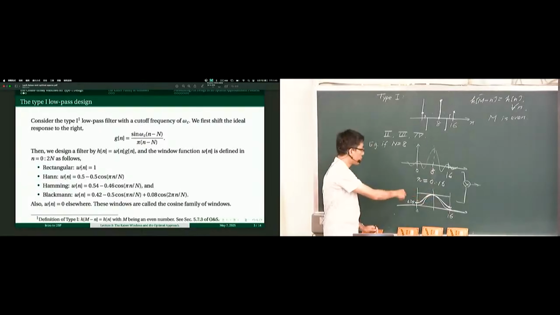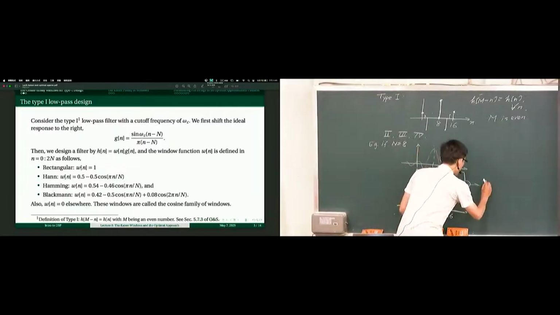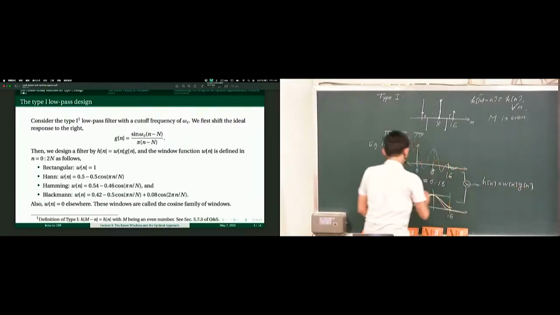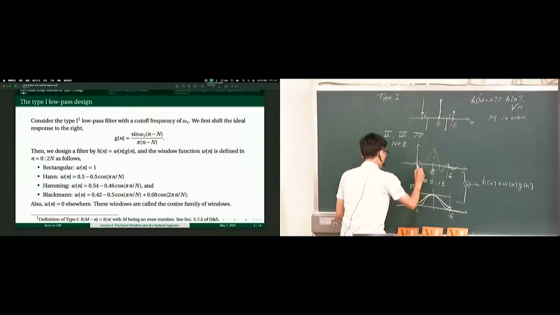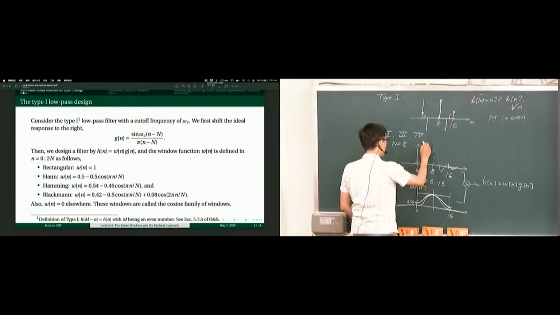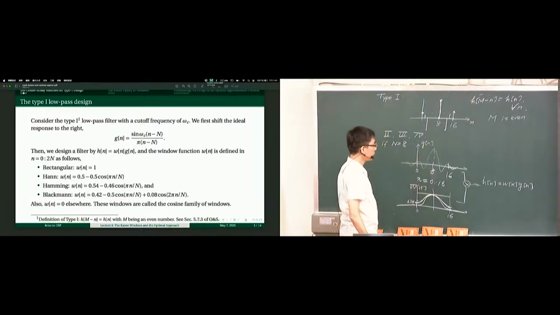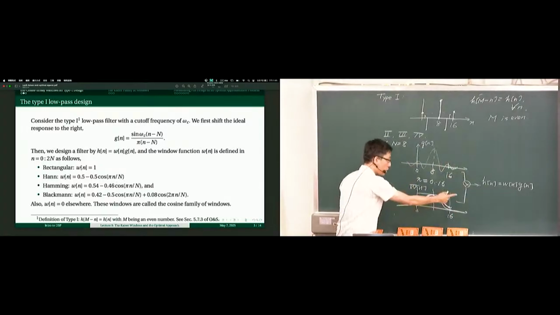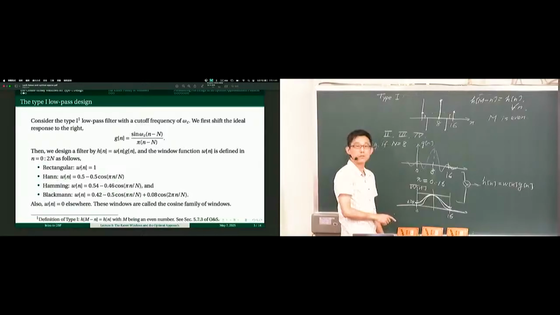Therefore, h now equals w times the ideal response g. That's actually lowercase w. By introducing a shift, we ensure that the filter is causal.